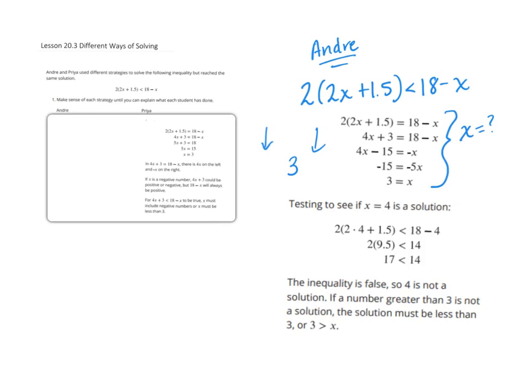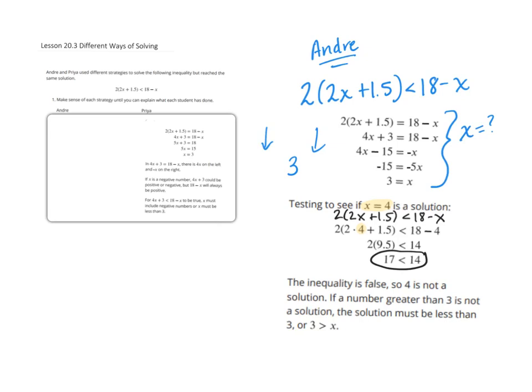What he did next was he tested x equals 4. When he plugged in x equals 4 for the inequality, he evaluated it and found that he got a false statement. 17 is not less than 14.